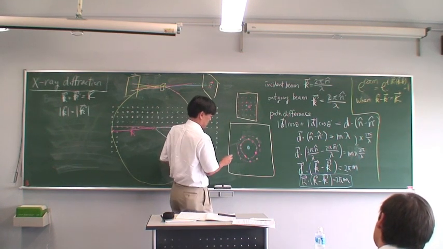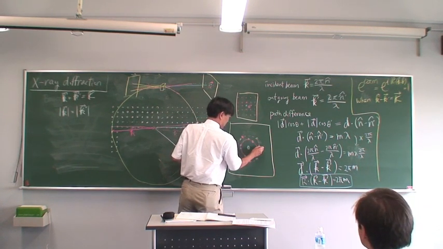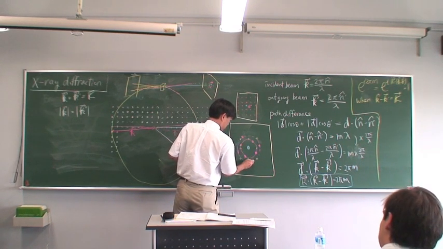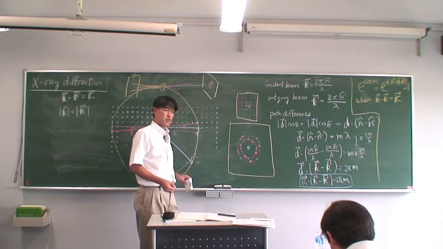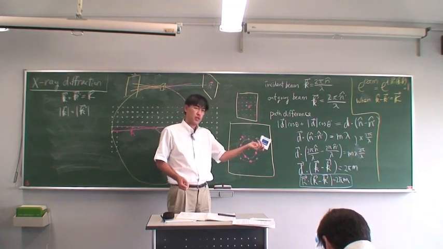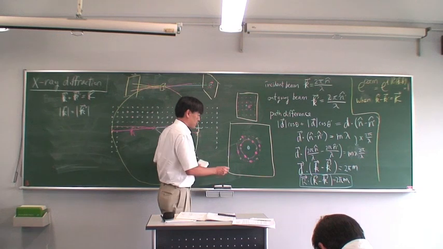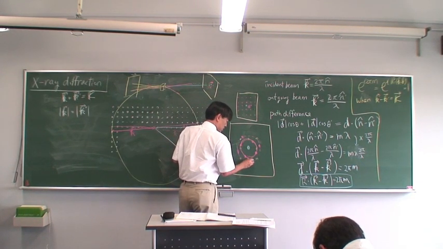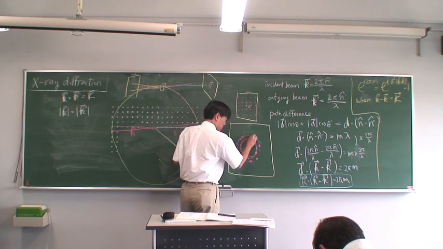Something like this. Okay? Here's points. And so on. And then I have another rotated sample, and so on. After all, a collection of these rotated samples will give you these circles.